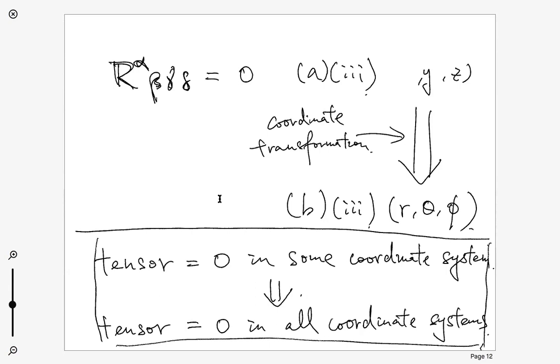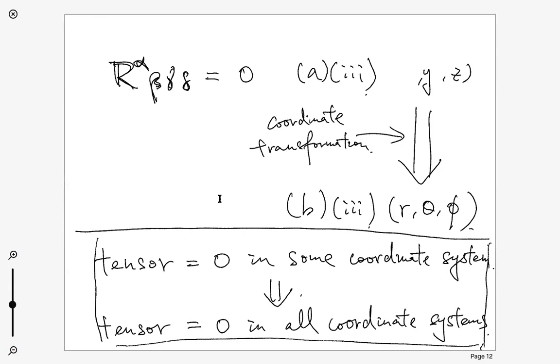Okay, because a tensor obeys some sort of transformation rules. I hope that you remember how to properly transform a tensor when we transform the coordinate systems. But in the special case where the tensor is 0, it would be 0 in all coordinate systems.